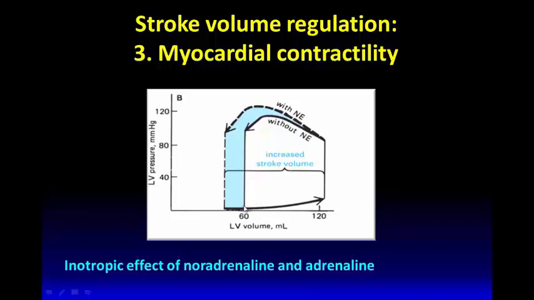So this is the end systolic volume without norepinephrine. Now the left ventricle is filled with blood till it reaches end diastole, and here the end diastolic volume is approximately 130 to 135 milliliters. So the end diastolic volume hasn't increased.